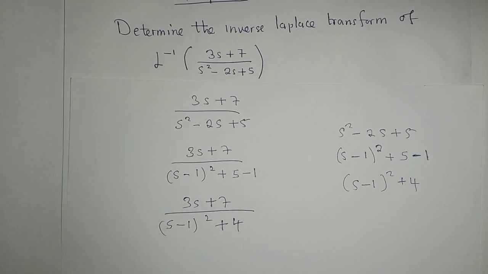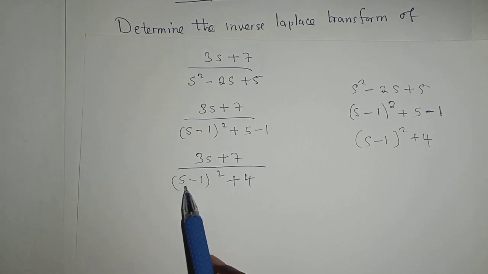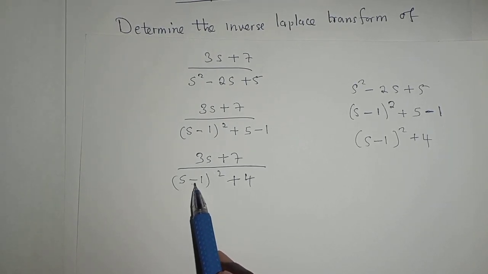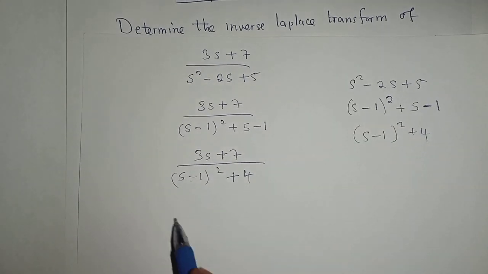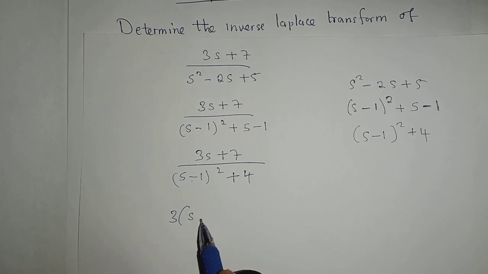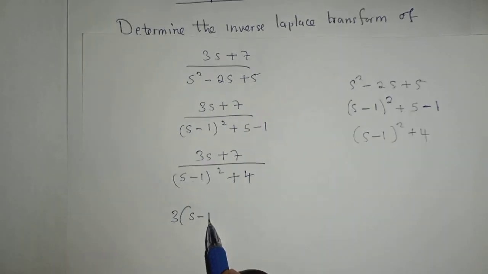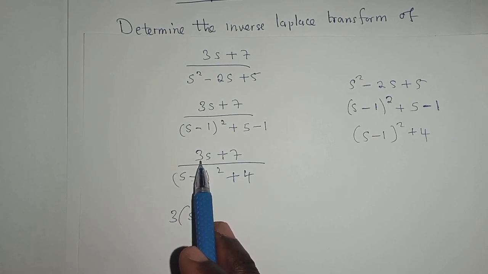Now after that, try by all means to make what is inside here appear where s is here. So it will be like this: 3, inside the brackets you have s minus 1. You see the way it looks? So the 3 will come outside.